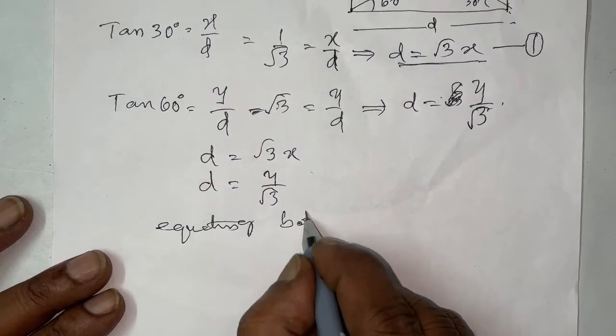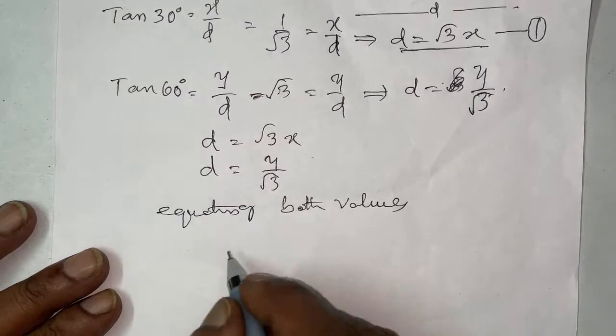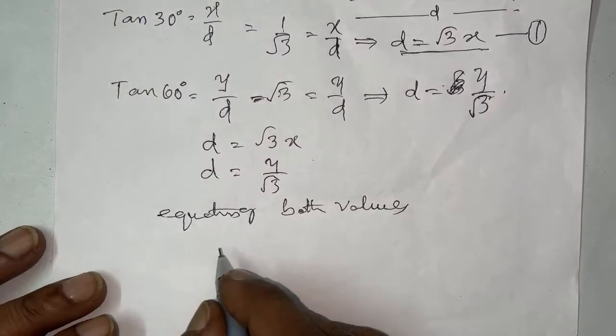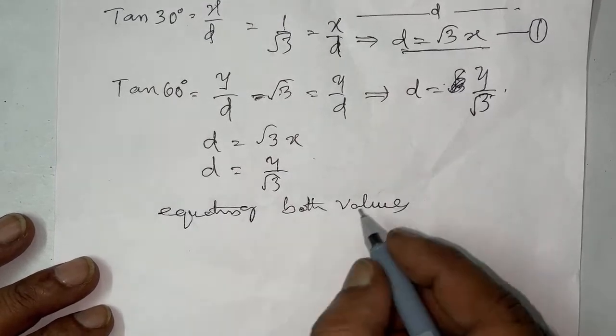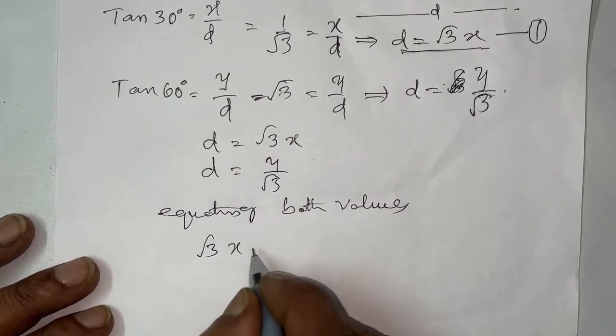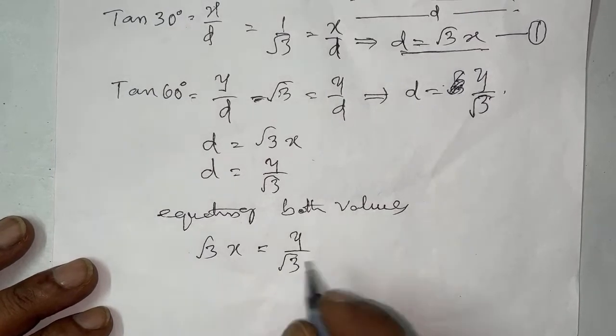Equating both values, that means root 3 X is equal to Y by root 3.